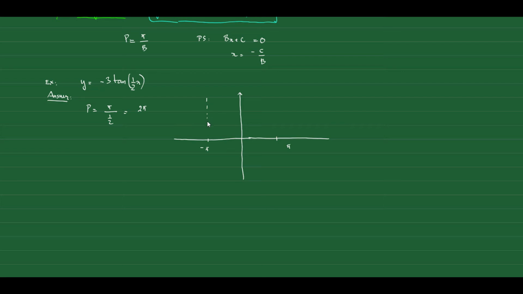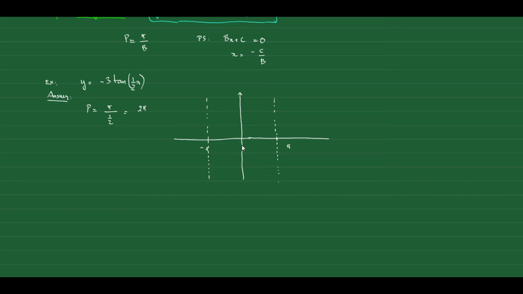So the vertical asymptotes will be right here. I'm going to go ahead and sketch one revolution for you. It depends on the question. What if the question asks you to sketch two revolutions, or to go from one point to another point? So it depends on the question.